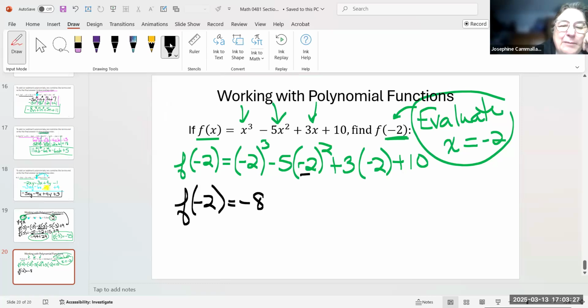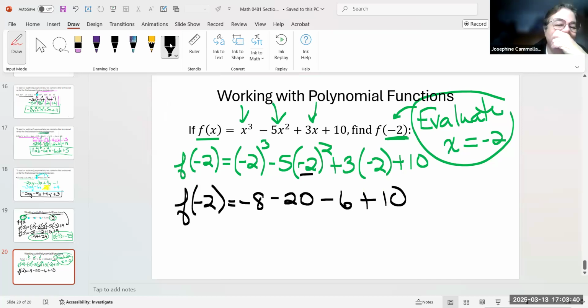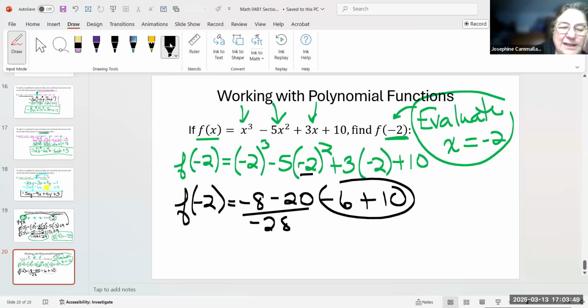Now remember, -2 squared is positive 4 times a -5 is a -20 minus 6 plus 10. This is going to give me a -28. And if I put these together, it's positive 4.